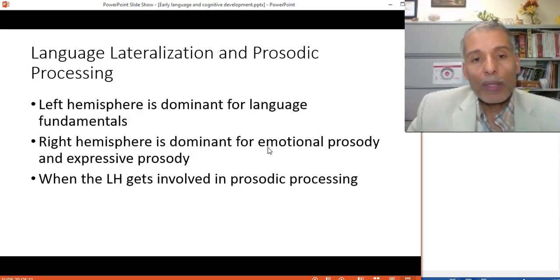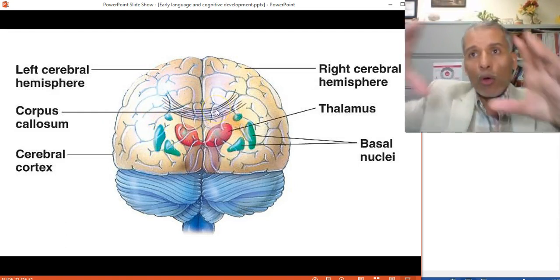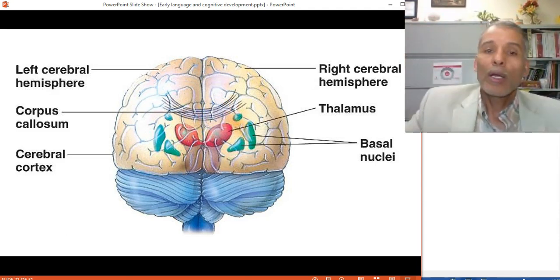So, for example, language fundamentals like sounds, grammar, and so on are in the left side of the brain. Language holistic processing, like when you have two sentences together, you have to get the right brain to tell you the connection between these two.